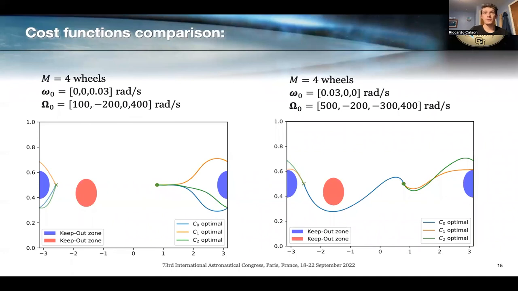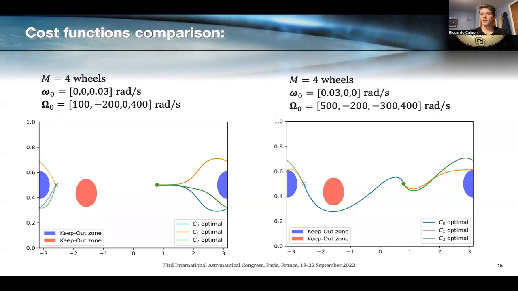And in these last few cases, on the left, we see a case with 4 reaction wheels. Again, the spacecraft has the same initial angular rate, and the 4 wheels have pretty random initial conditions. Again, we see that we're computing 3 different solutions. And the most compelling case, in my opinion, is the figure on the right, where, again, we have 4 reaction wheels.